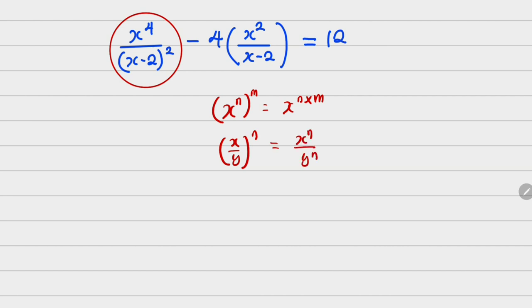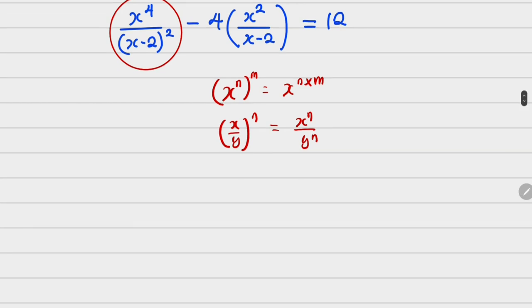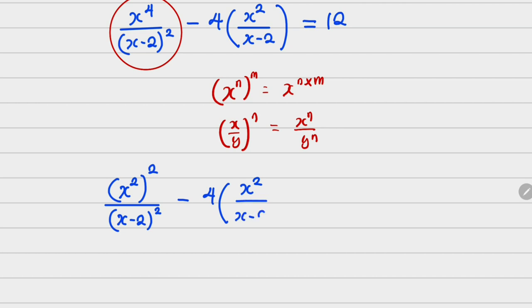So it goes vice versa, okay? Those are the two things I'm going to use to analyze this question. Now I'm going to have (x raised to power 2) all squared all over (x minus 2)², then minus 4 into x squared over (x minus 2), okay, equals to 12.